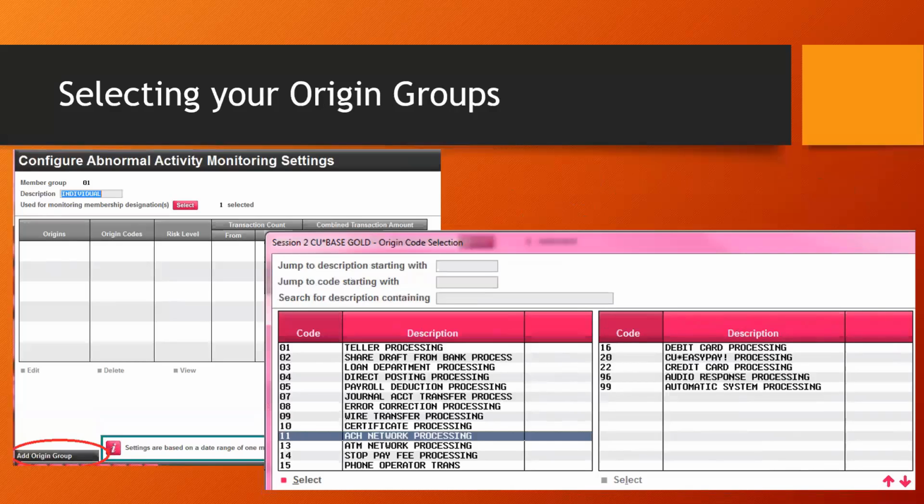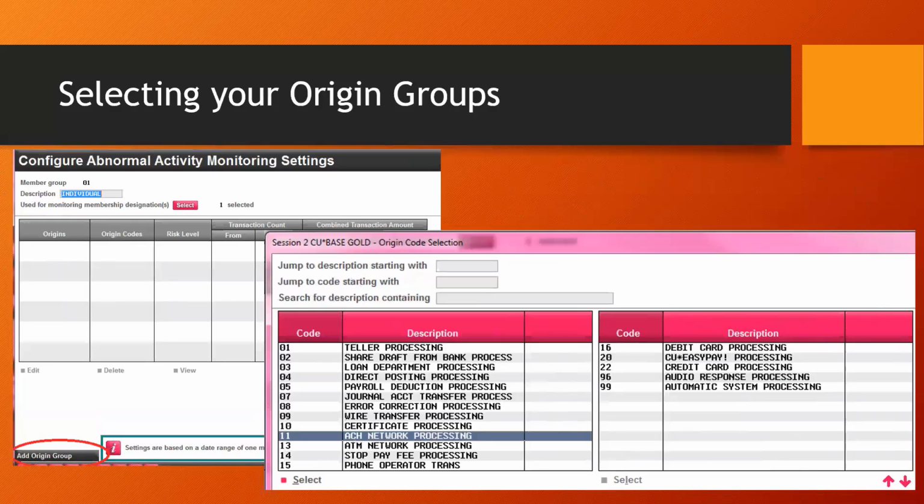From there, we're going to select our origins. So add an origin right down here. Once you've got the group, you've got your member designation selected here, you add the origin group, and then you start with ACH.